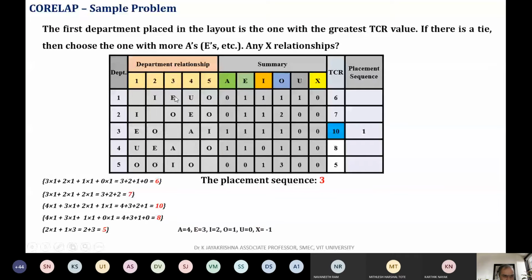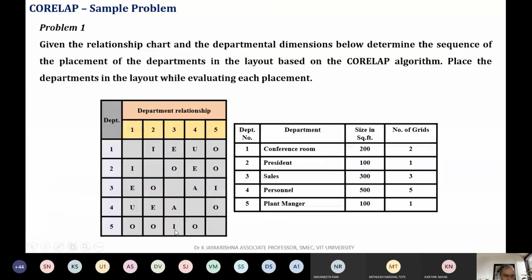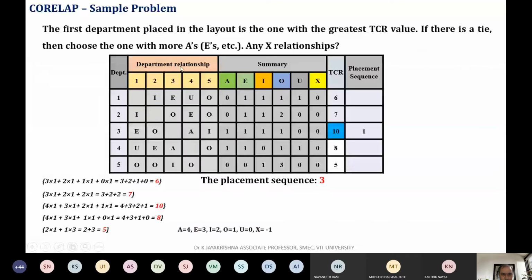You take this problem. So what I did is I took this table and I put it here, just the same table that is given in the problem. Then I made a summary sheet where I put A, E, I, O, U, X. You know what is this? The relationship rating.